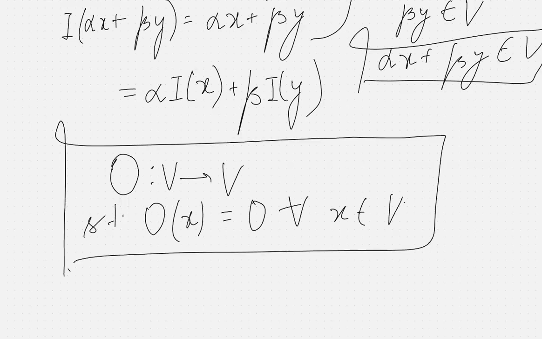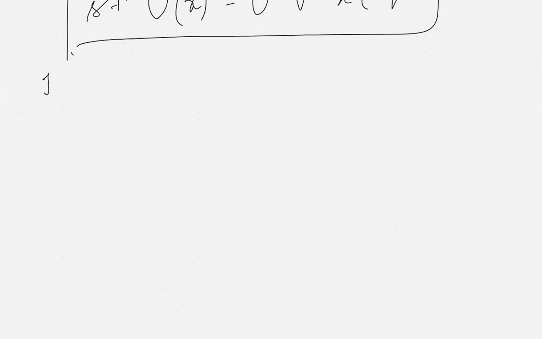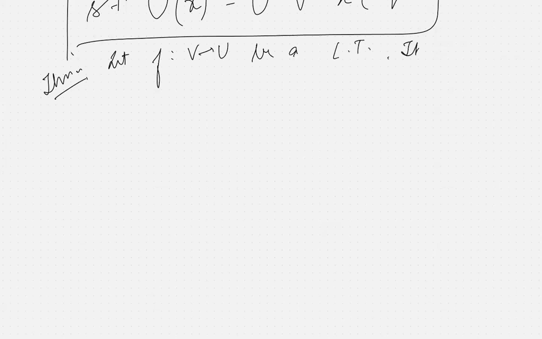Next thing, we will do one more theorem in which we will be doing some results. We have been given, let f from V to U be a linear transformation. They are saying then, the first part: f of 0 is equal to 0.